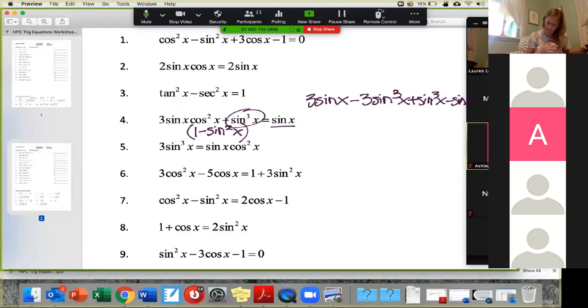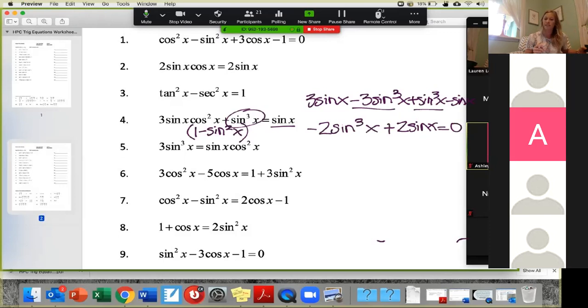If I move things around, this is then going to give me -3 sine cubed plus sine cubed is -2 sine cubed, and 3 sine x minus sine x is positive 2 sine x. I would then factor out a greatest common factor.